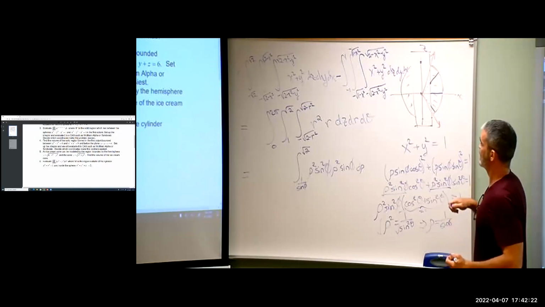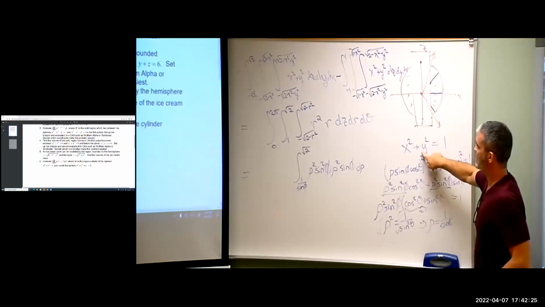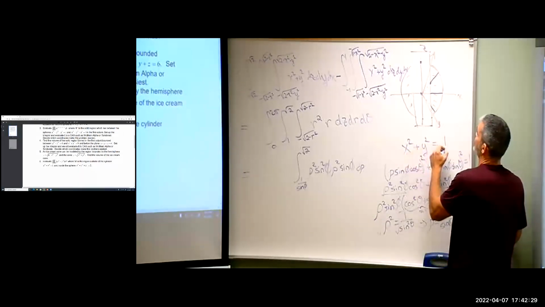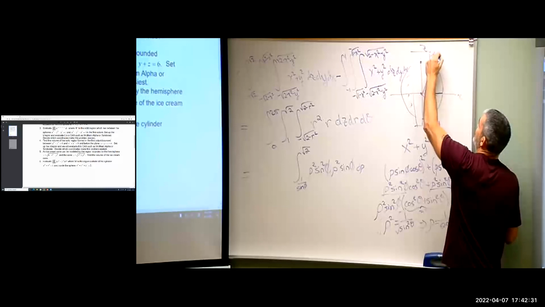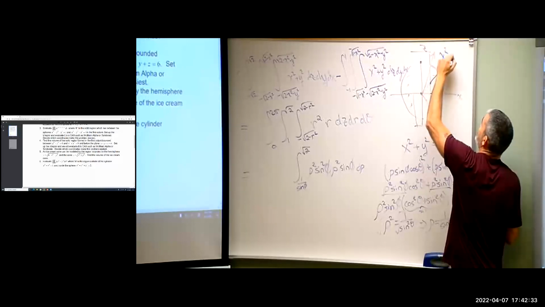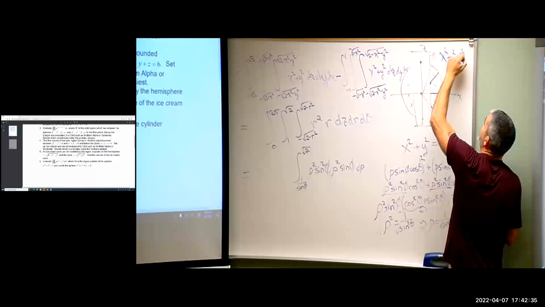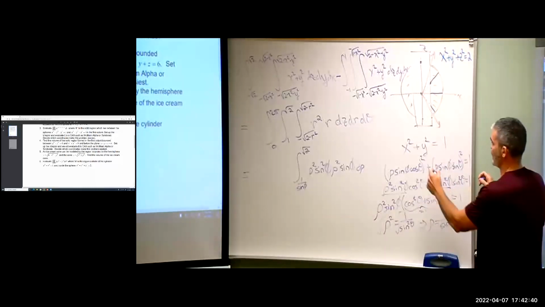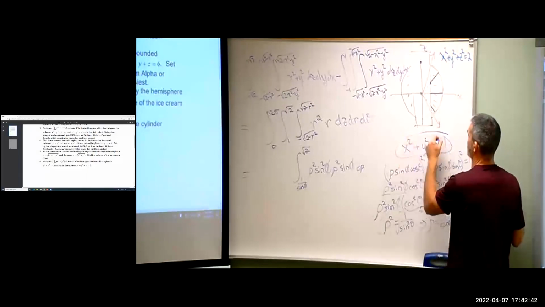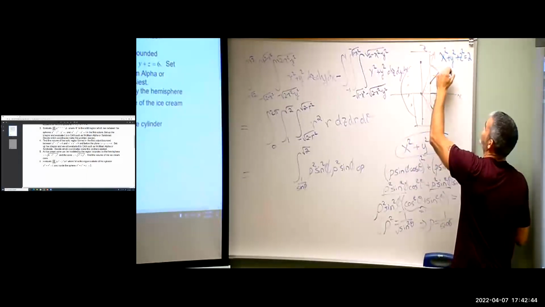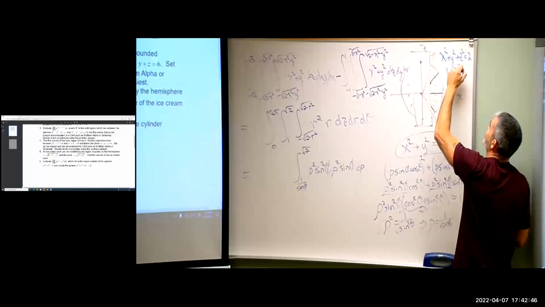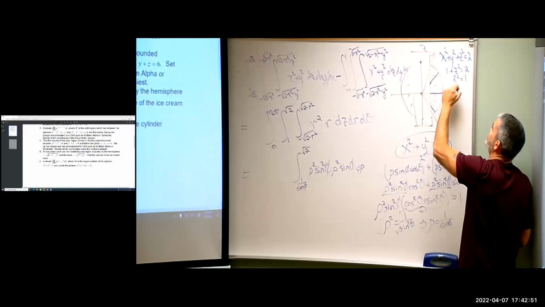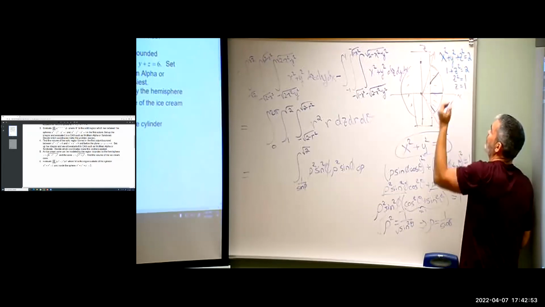It is where our cylinder hits our sphere. So it is where our x squared plus y squared equals 1 hits our sphere, which is x squared plus y squared plus z squared equals 2. We know that x squared plus y squared equals 1, so 1 plus z squared equals 2.